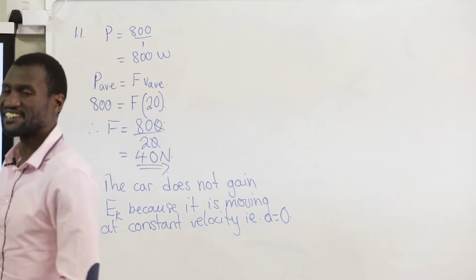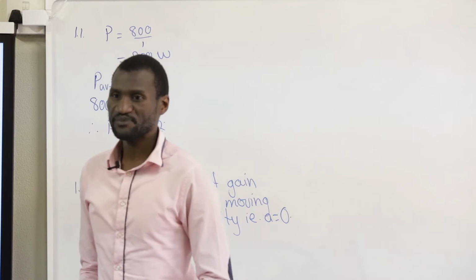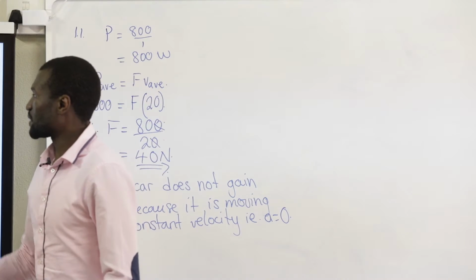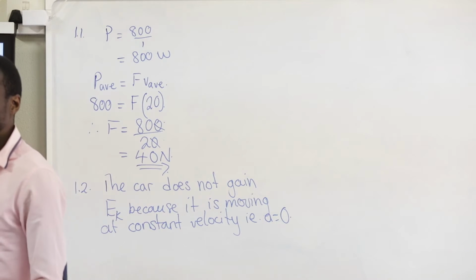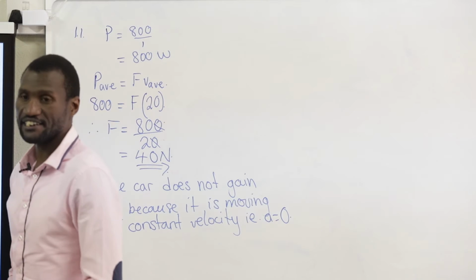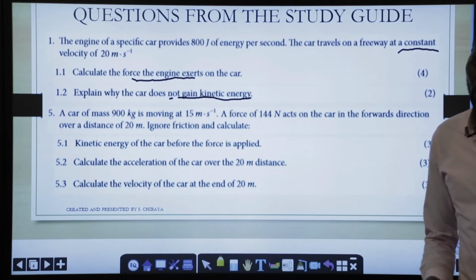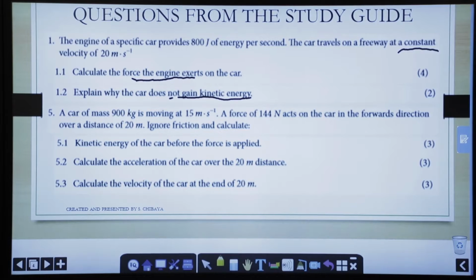We can apply that also to work done. In other words, in this instance, we can think of what's happening to the change in kinetic energy within this car. It has no change in kinetic energy.